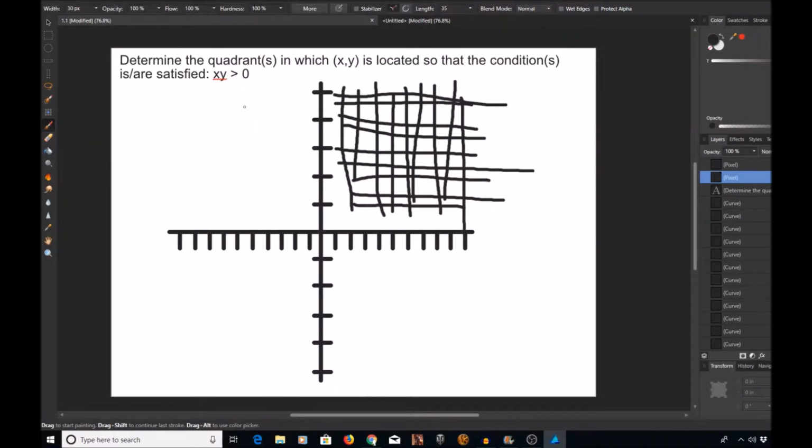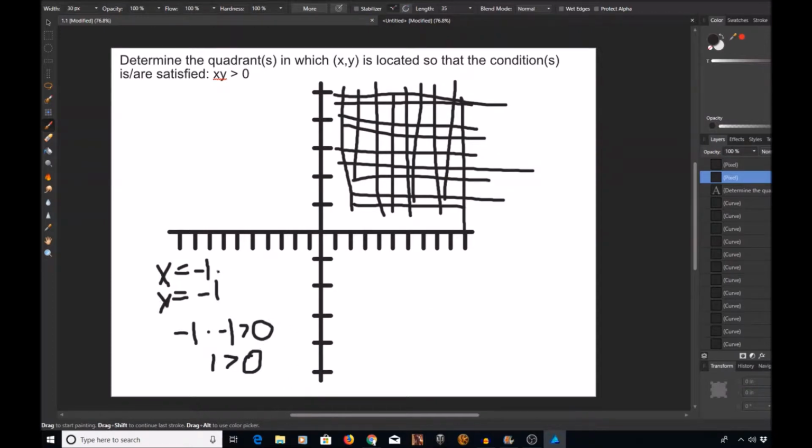Now if we go to quadrant 3, the x and the y values are both negative. So let's plug in negative 1 for x and negative 1 for y. And we ask ourselves, is negative 1 times negative 1 greater than 0? And we find that the answer is yes, because negative 1 times negative 1 is just positive 1, and 1 is greater than 0.